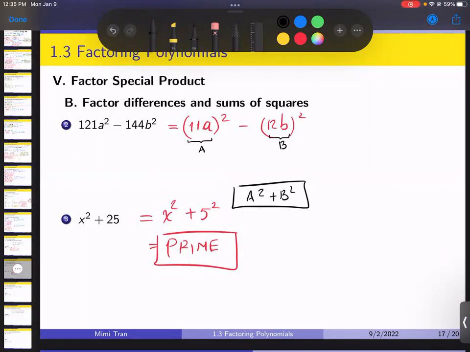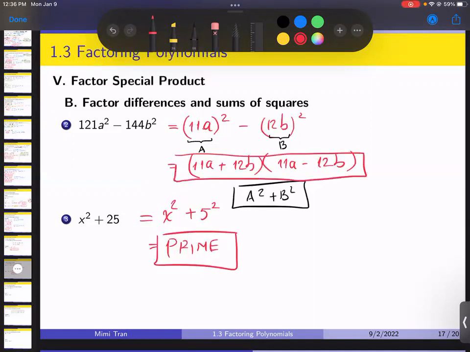Whatever inside the parentheses. So a here, a plus b. So 11a plus 12b, and a minus b. So 11a minus 12b. Just recall the rule for you.